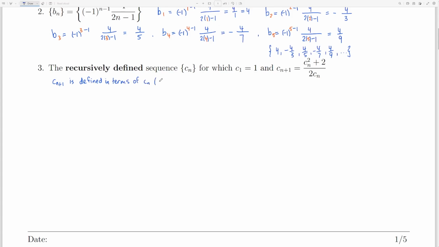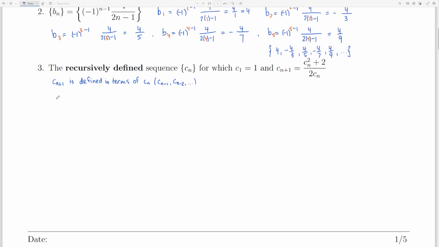And sometimes you can have recursion that goes back more than one step. So you could also have C sub n minus 1, C sub n minus 2, etc. If your recursion goes back more than one step, though, you need 2 or 3 starting numbers in your sequence. So you might need C2 and C3 as a given.